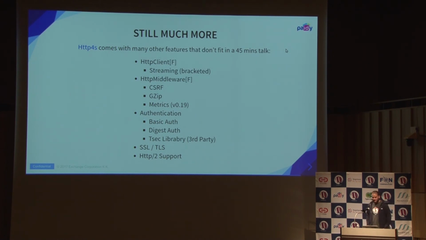It supports basic and digest authentication out of the box. For more complex types of authentication, like JSON Web Tokens and bearer tokens, I really suggest taking a look into TSec. TSec is a security cryptography library that has support for HTTP4S, and it's very active in the open source community. So I really recommend it.